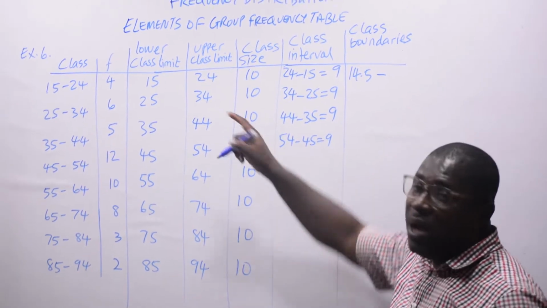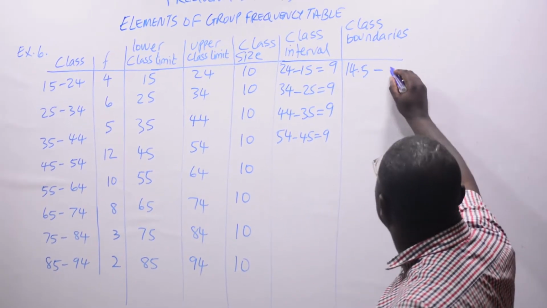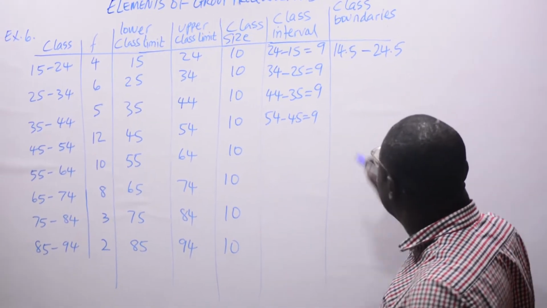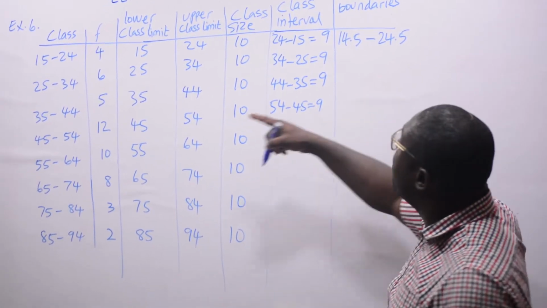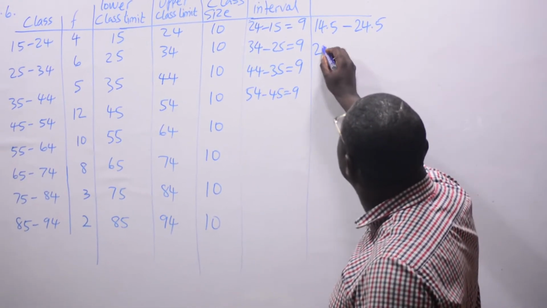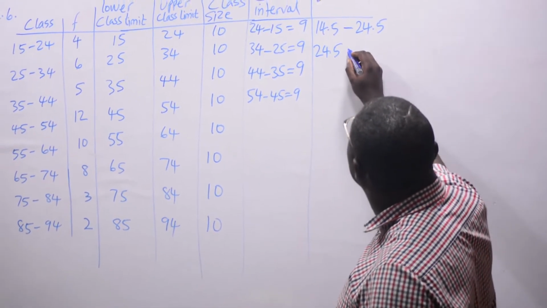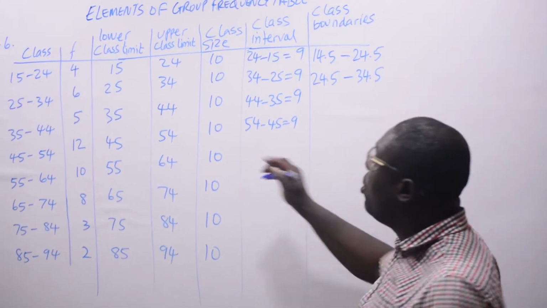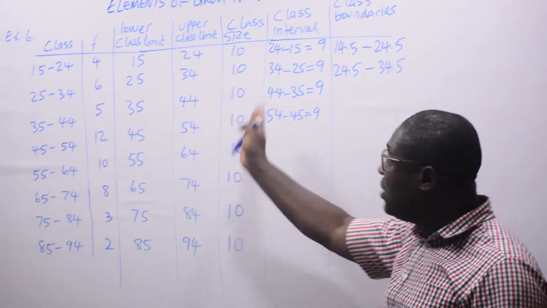And we add 0.5 to 24, we are going to have 24.5. I trust you are following. So the next will be 25 minus 0.5. That will give us 24.5 to 34.5, because we are going to add 0.5 to 34.